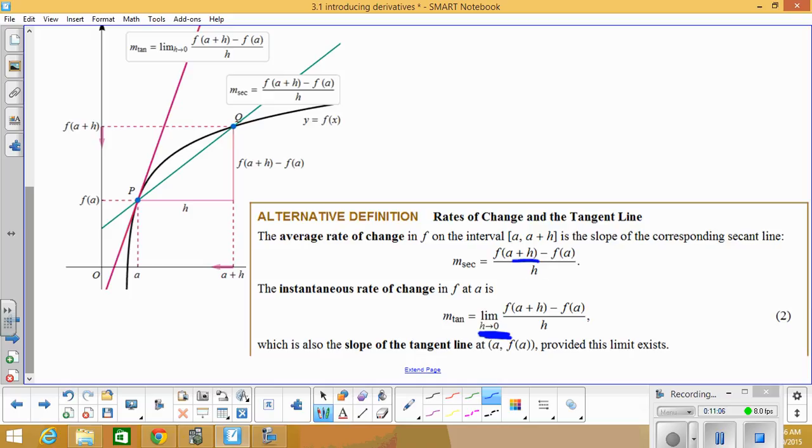And it's going to be over h because it really was two slopes, 2 points, f of a plus h over a plus h, and then minus f of a minus the a. The a's reduce in my denominator, and I just get h. It is still slope of 2 points.